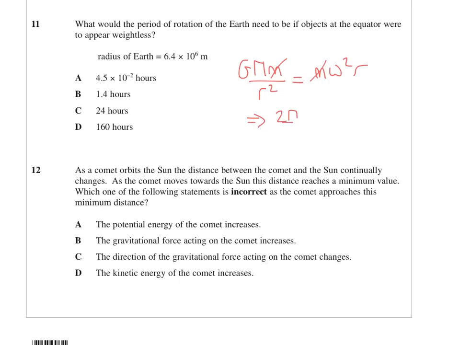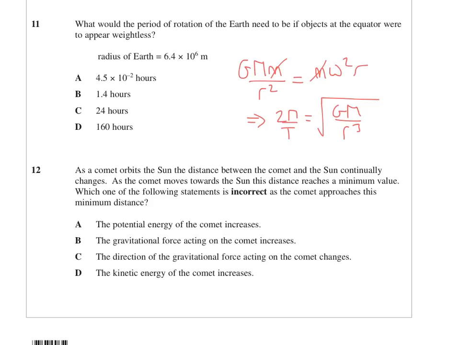So 2 pi over T would be the square root of GM over r cubed, and when we solve this, the radius and the mass of Earth are in the formula sheet. So it'll be 6.67 times 10 to the minus 11 times 5.98 times 10 to the power 24, which is in your formula sheet, divided by 6.4 times 10 to the power 6 cubed.